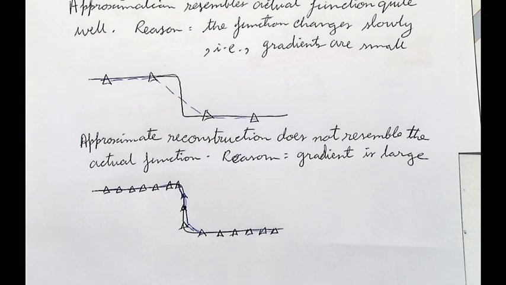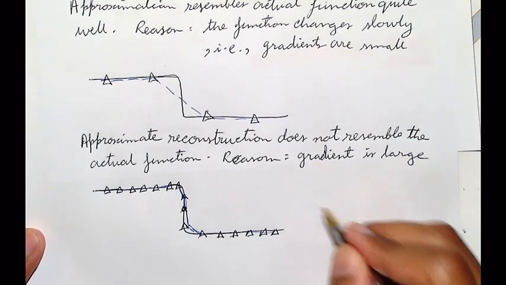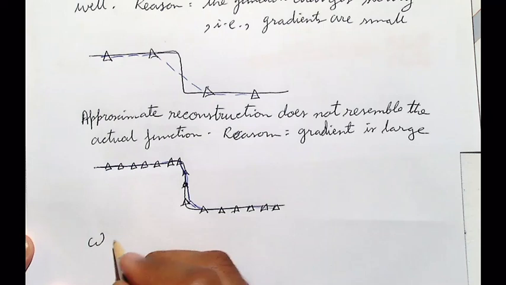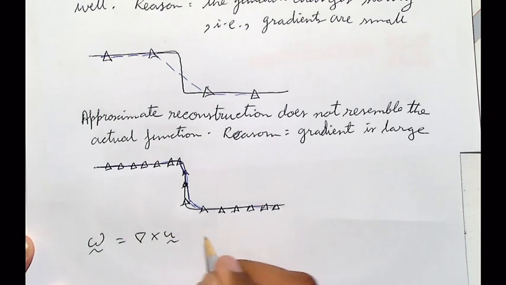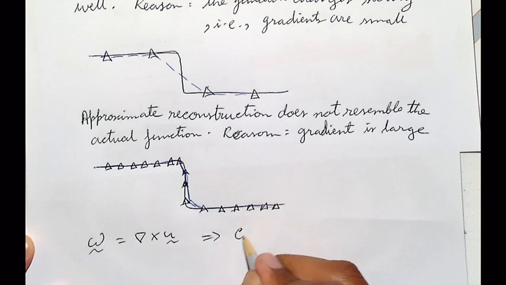Okay? So that's exactly why vorticity is very useful. Because vorticity basically is that black cross tube, right? So it's computed using velocity gradient.